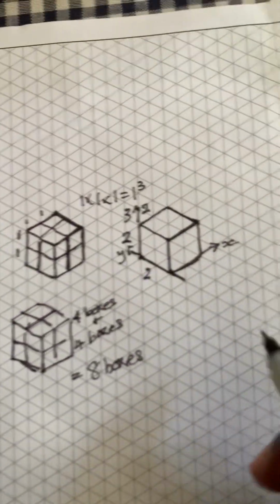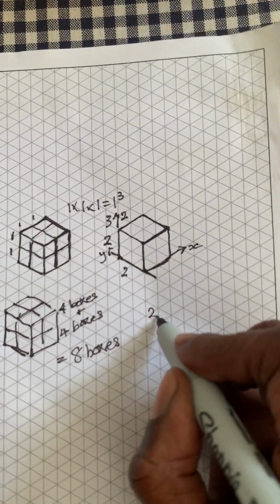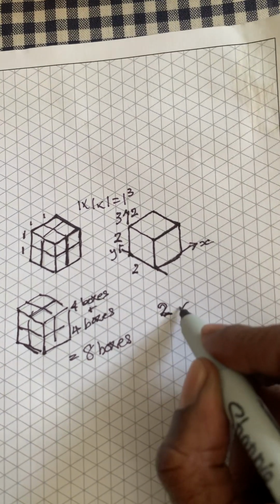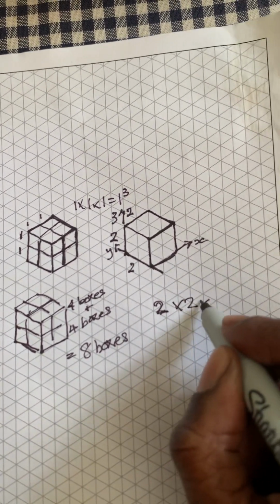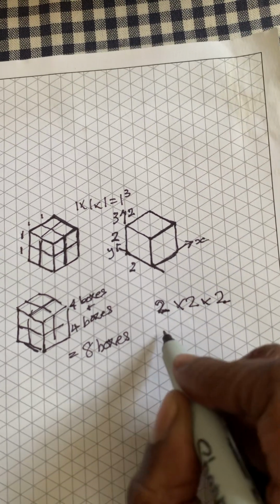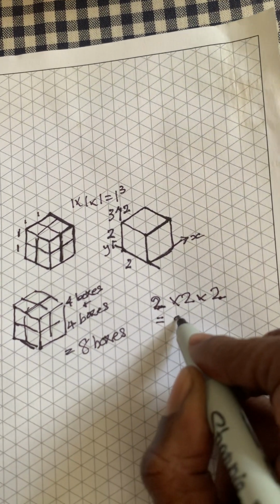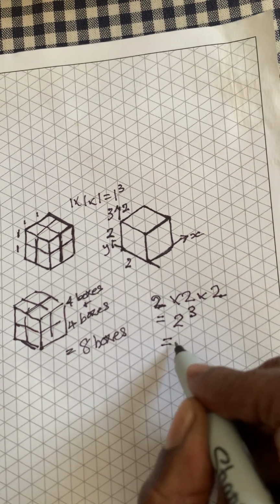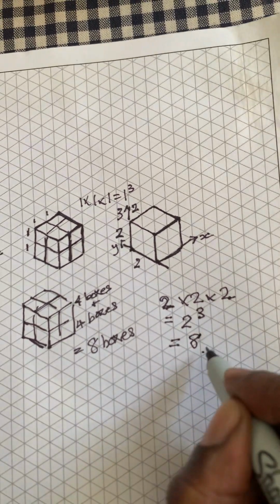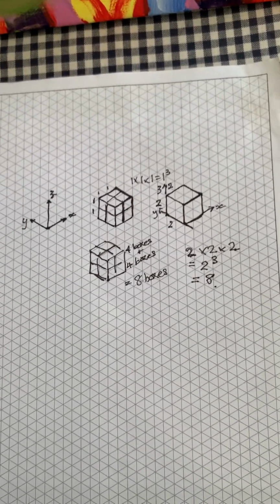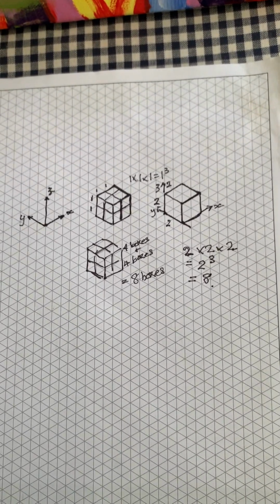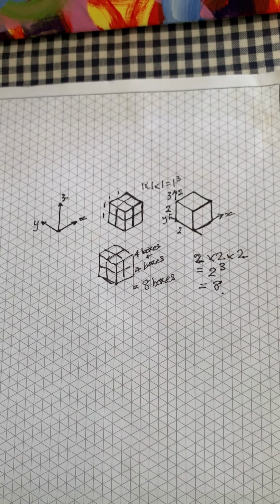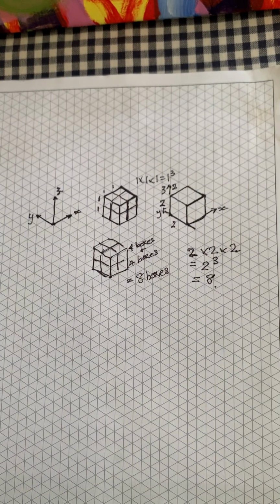So now you know that 2 times 2 times 2, which equals 2 cubed, equals 8 in total. So there you go. That's working on perspective and looking at the 3 planes and what equates to what.